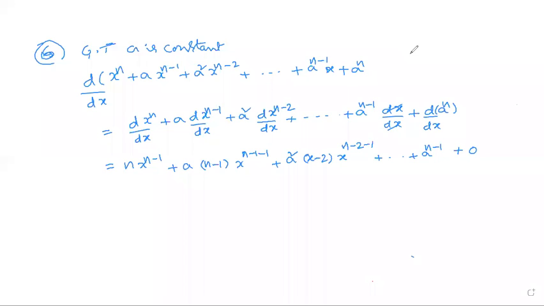So here it is n into x^(n-1), plus a into (n-1) into x^(n-2), plus a^2 into (n-2) into x^(n-3), dotted, a^(n-1) is the answer.